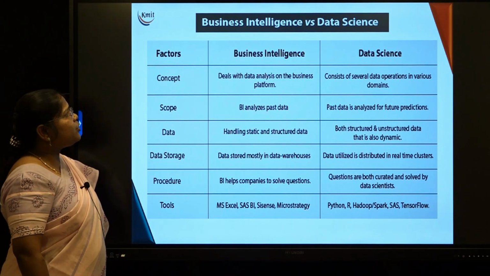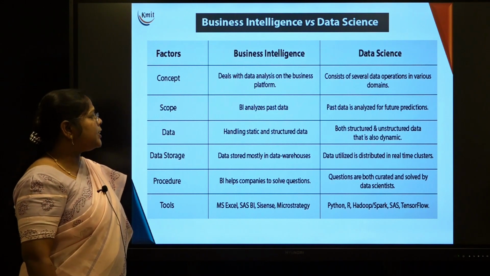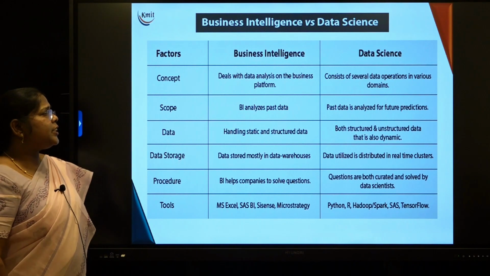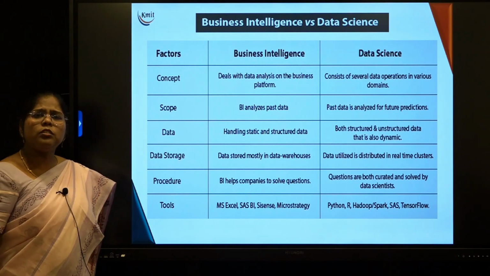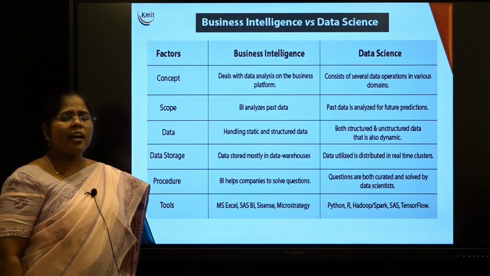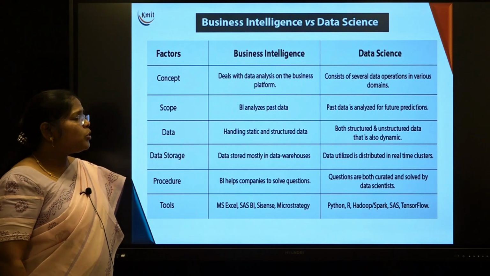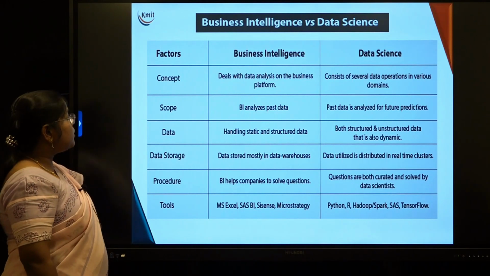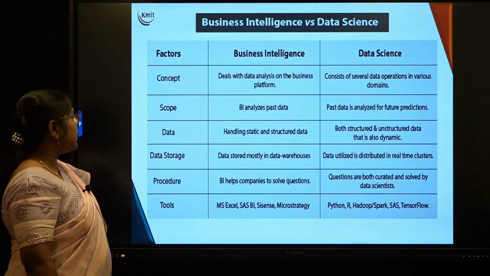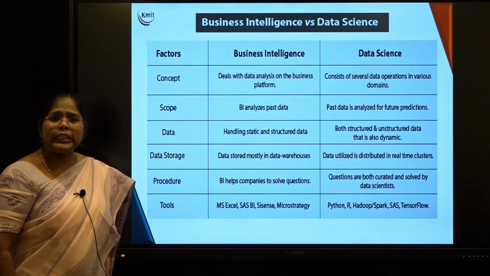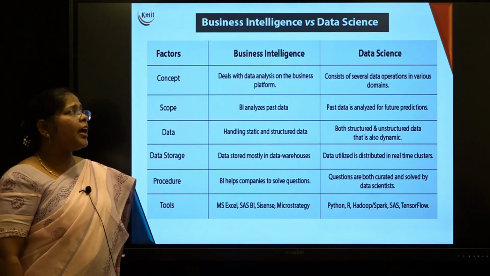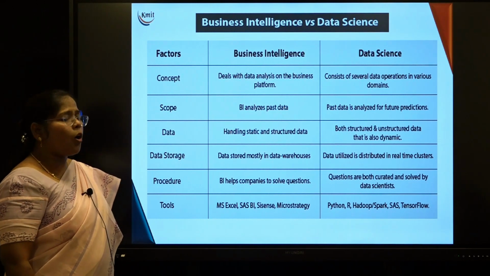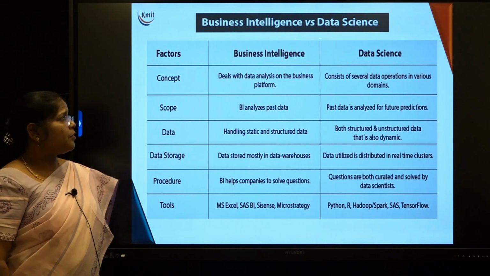The data that we use in business intelligence is static and structured data, whereas in data science we use both structured and unstructured data to give a better outcome. In business intelligence, the data is stored in data warehouses, whereas data science uses distributed or real-time clusters.